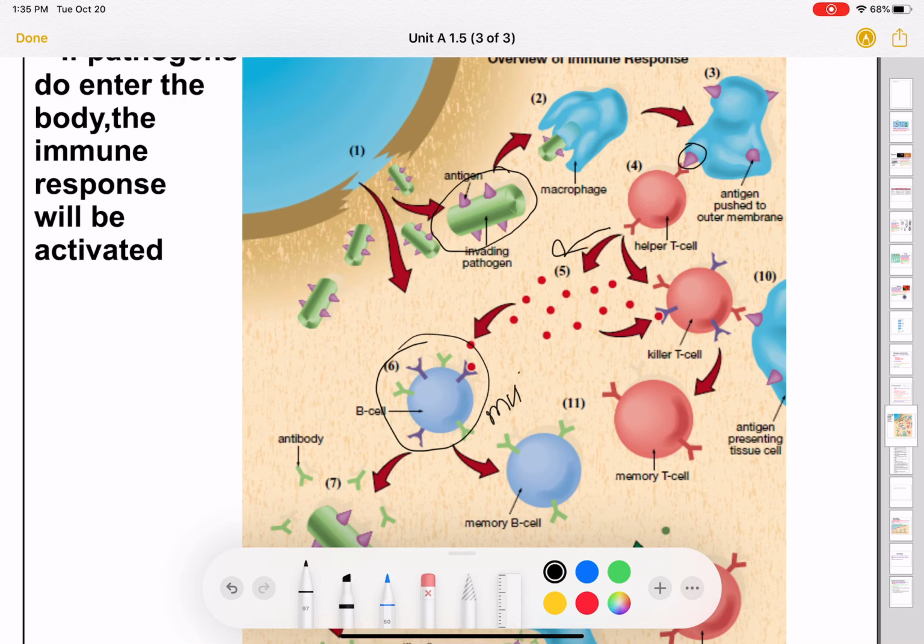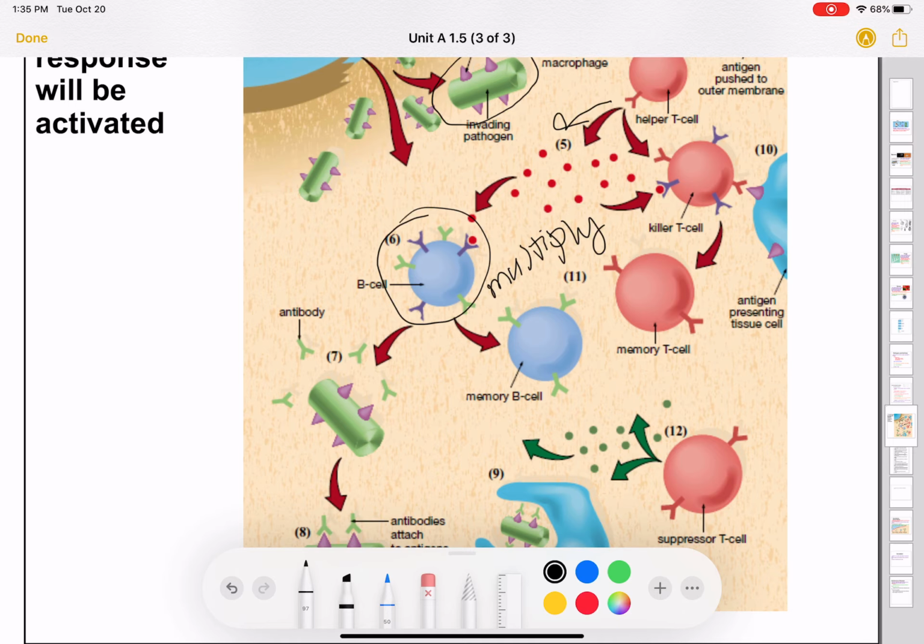So this is where they say multiply. Okay, so then the B cell will multiply and will create antibodies to that antigen.